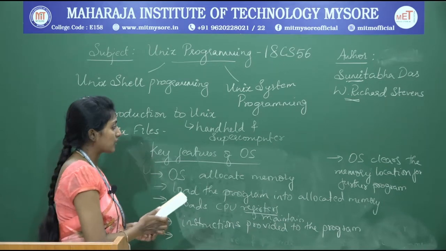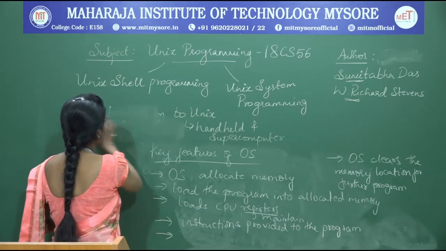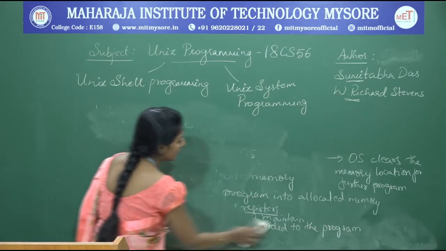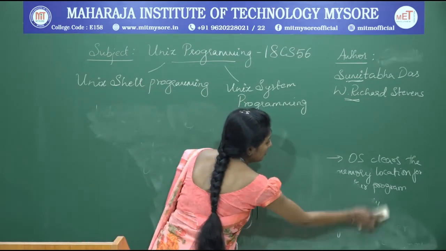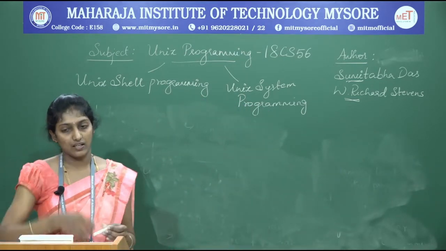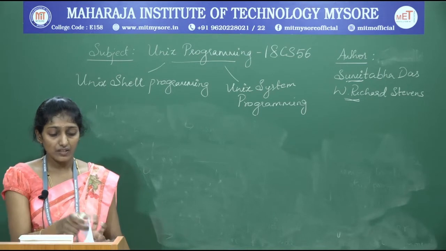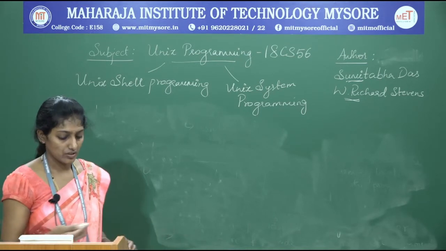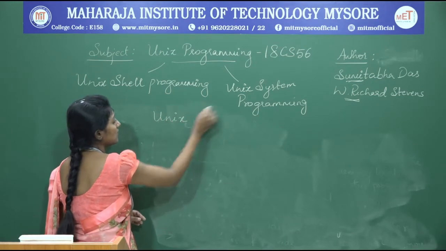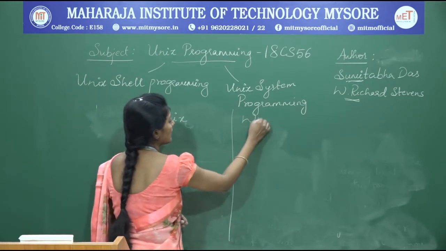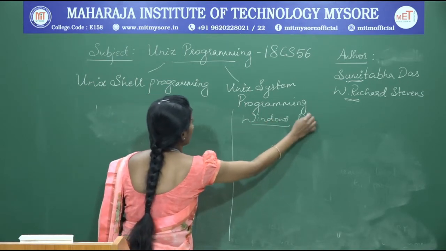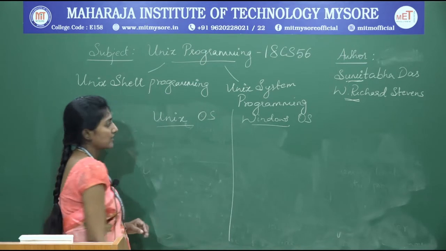So, let me discuss a few basic differences by providing the key features of Unix and Windows operating systems. Let me consider two partitions, one for the Unix operating system and another for the Windows operating system.